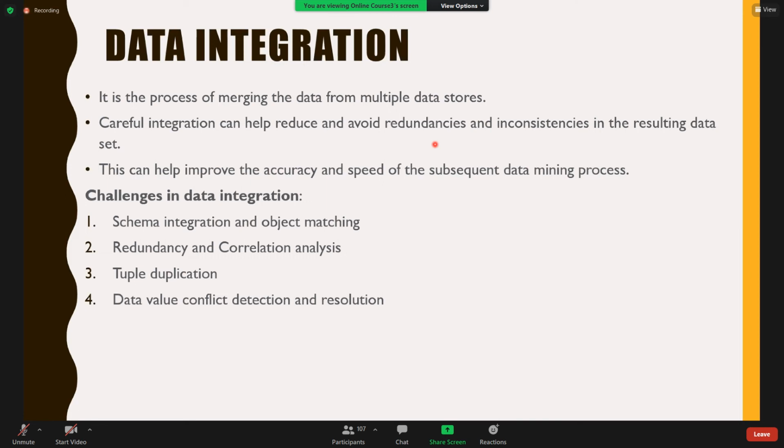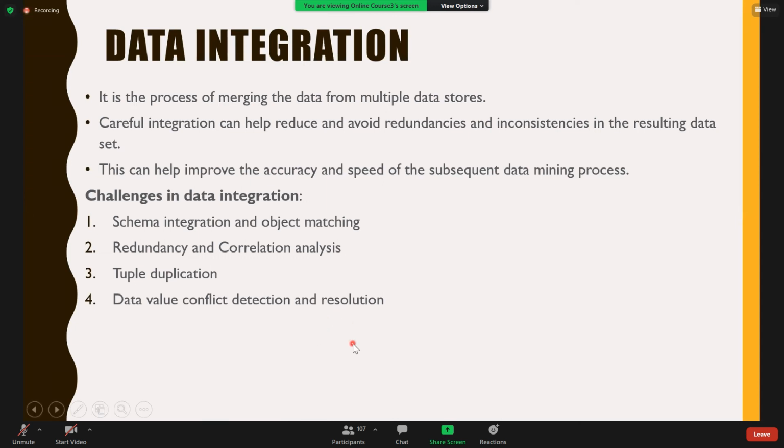So there are different challenges involved in this data integration. So one is the schema integration and object matching. Next, redundancy and correlation analysis, tuple duplication, data value conflict detection and resolution. So we'll discuss each of these challenges in our next slides.